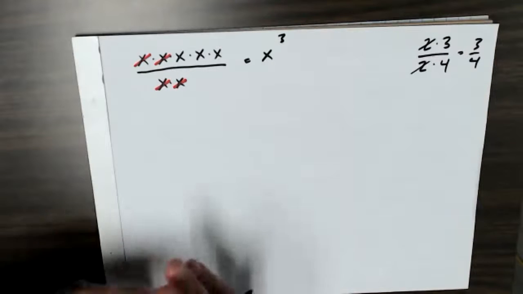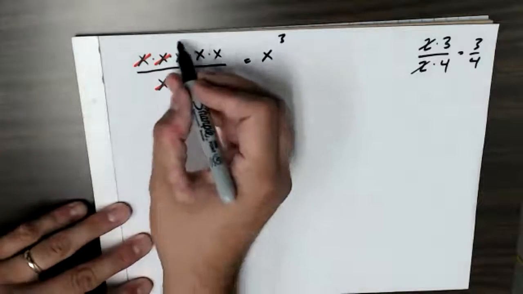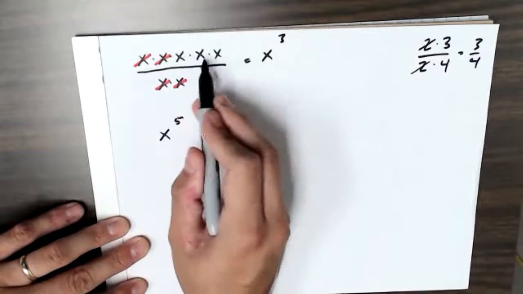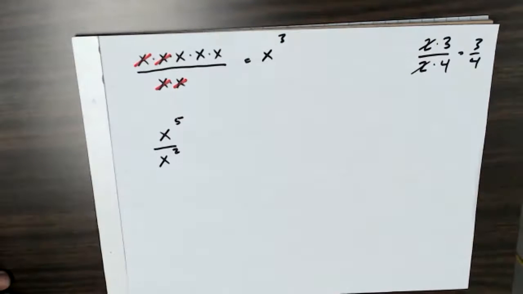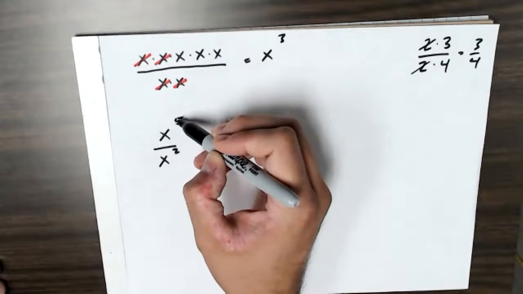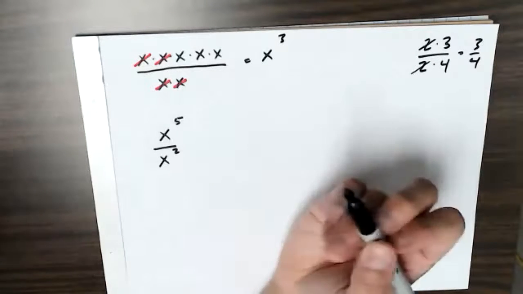Now, if we want to write these in exponential terms, this numerator would have started out being x to the 5th, right? 1, 2, 3, 4, 5. This denominator is x squared, okay? And what you're doing is you're actually eliminating 2 of those exponents up top, right? Remember, this is the number of exponents, the 5.